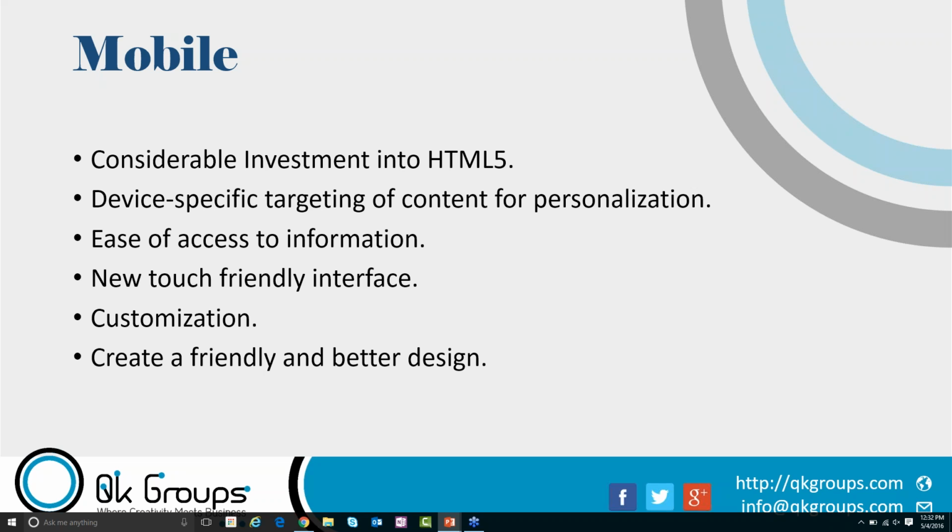Out of the box, it might seem general or standard, though you can customize it to work better with mobile. You have the ability to access information, which is now very common and, in a way, a necessity. So SharePoint 2016 enables device-specific targeting of content to help ensure that users have access to information on whichever device they choose to use.